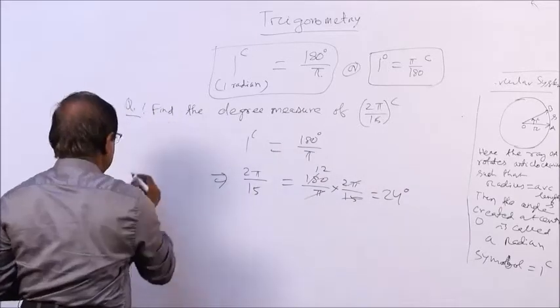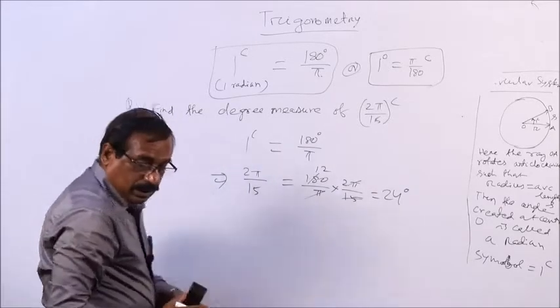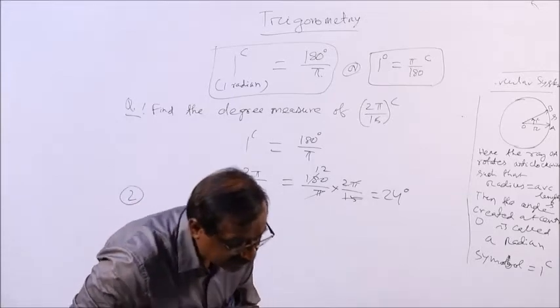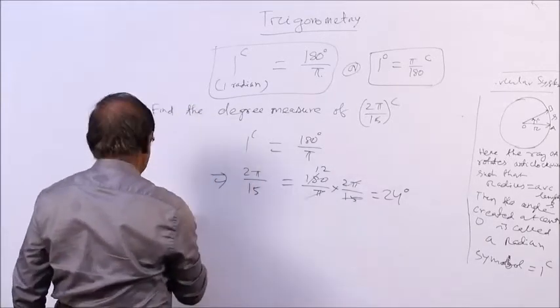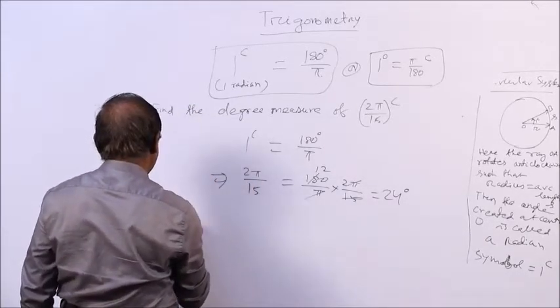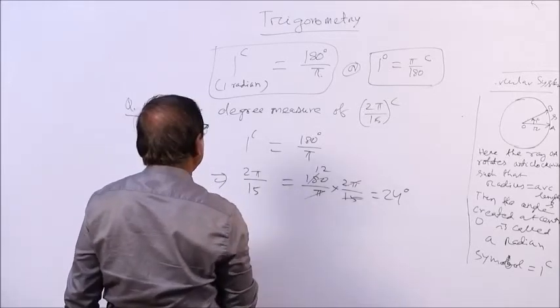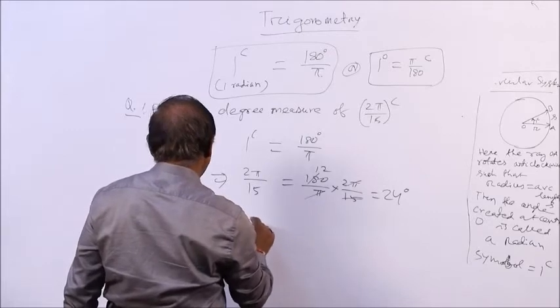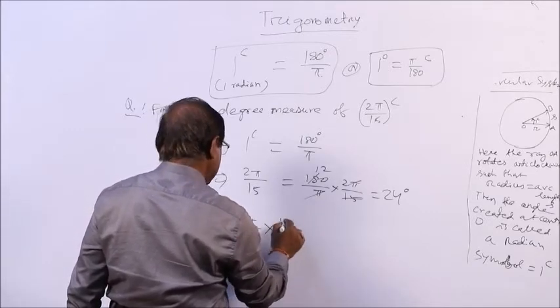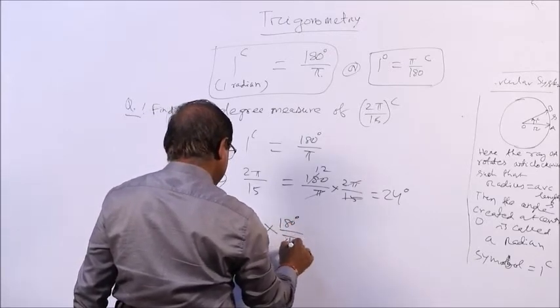Let us take another one, pi by 8 radian, convert to degree. So, it is equal to pi by 8 into 180 degrees by pi.